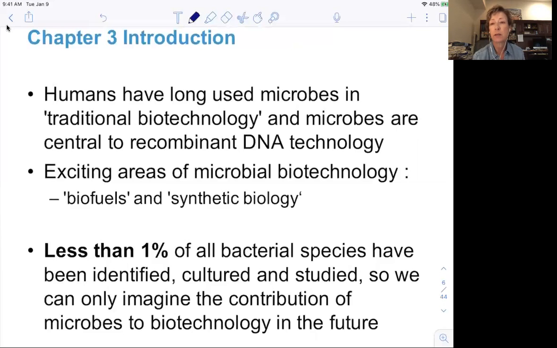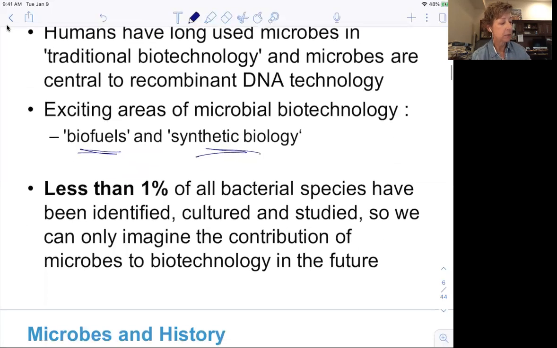So some of the areas of research ongoing are producing a variety of materials for treating diseases, but we also use some of these recombinant organisms to produce biofuels. And then there's a whole field of synthetic biology, which is trying to re-engineer the genome of an organism to have a desired function. And often this is looking at ways to maybe clean up pollution or other ways to produce fuels that we don't have right now.